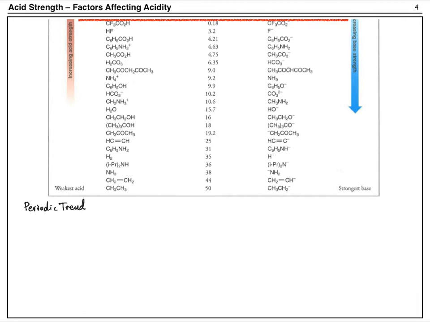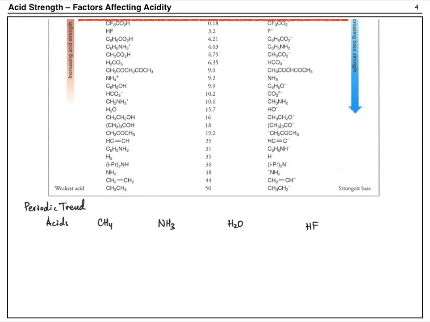So let's look at the following acids: methane, ammonia, water, and HF.